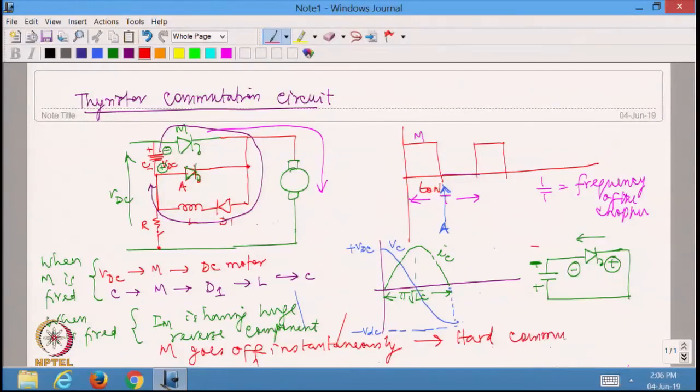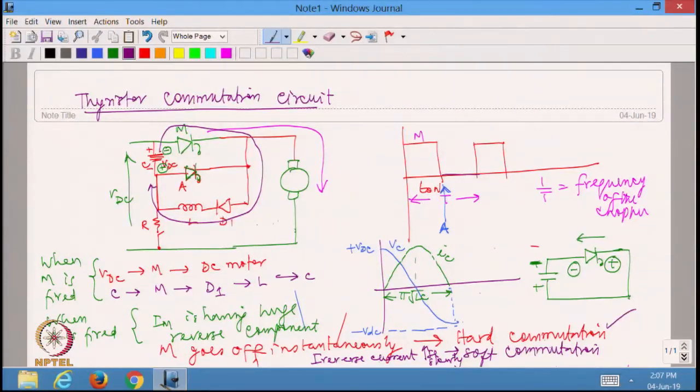If you are allowing the reverse current to rise slowly, then you will call that soft commutation. Soft commutation is such a case where you are going to make the reverse current rise slowly. In that case, we will call it soft commutation, but this is very clearly hard commutation.